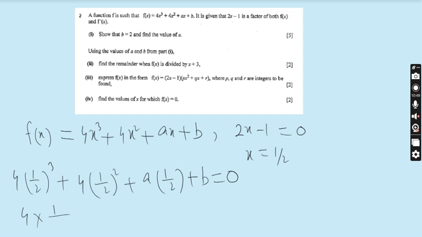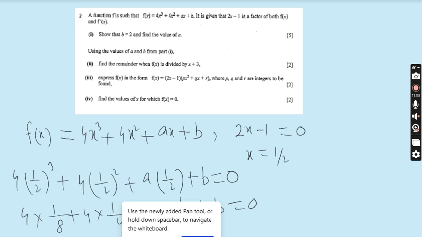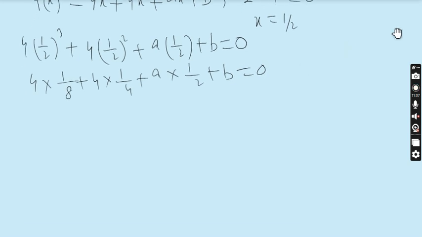4 into 1 upon 2 cube is 1 upon 8. 4 into 1 upon 2 square is 1 upon 4. A into 1 upon 2 plus b is equal to 0. So 4 times 8 cancel, 1 upon 2 plus 4 cancel by 4 is 1, plus a into 1 upon 2 plus b is equal to 0.